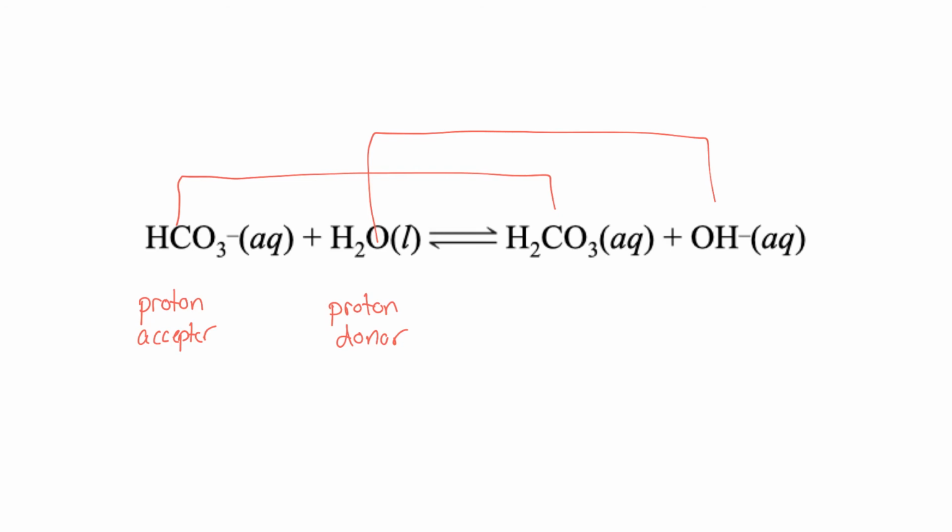And once we can identify that, then it's easy to identify this as our base and H2O as our acid. And so then H2CO3 is our conjugate acid. And OH minus is our conjugate base.